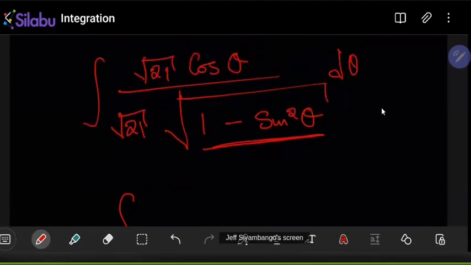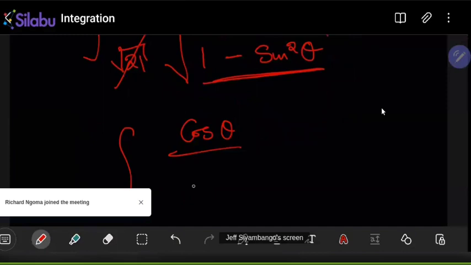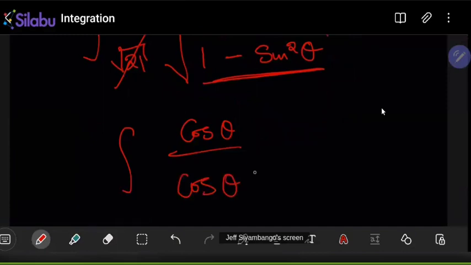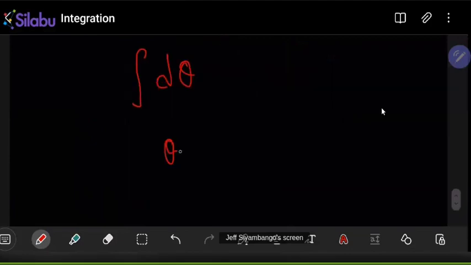This and this will cancel, so that we remain with cos theta over cos theta once you square root. So this is just going to be d theta. The cos and the cos will cancel out. Again, we remain with just the integral of d theta. And if we get this, remember how it goes? It's just going to be theta, then plus the constant of integration c.